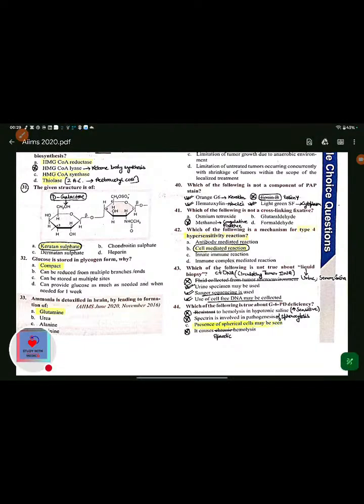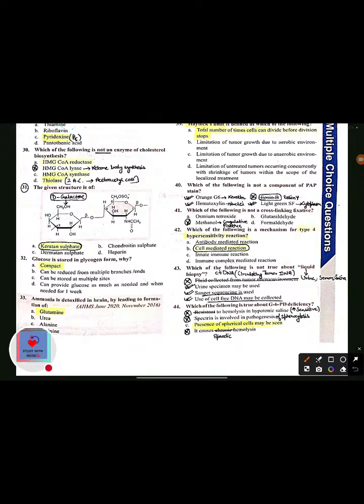The given structure is of galactose. The given structure is of keratan sulfate.